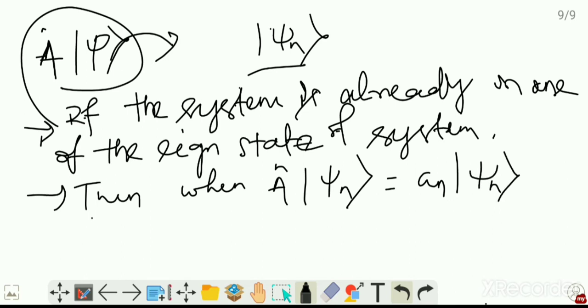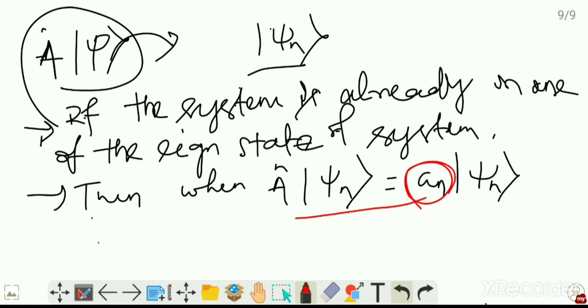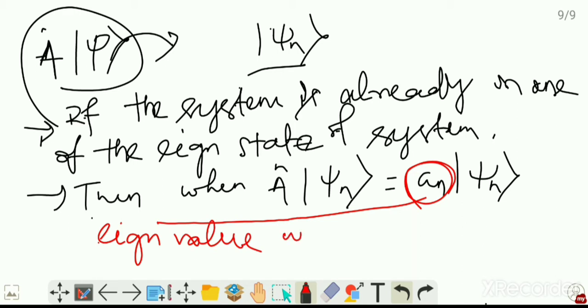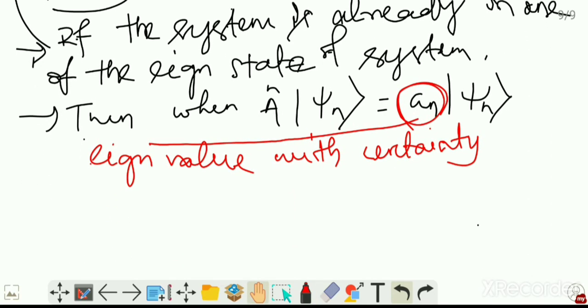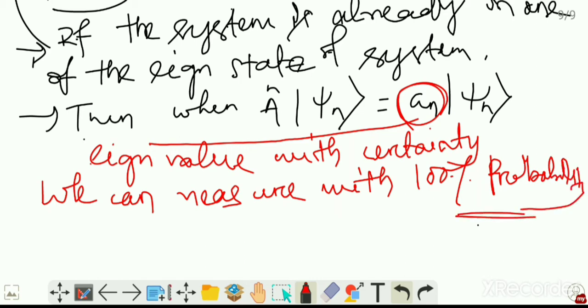That is, there will be no change in the state of the system. We can also measure a n, that is the eigenvalue, with certainty, with 100% probability.